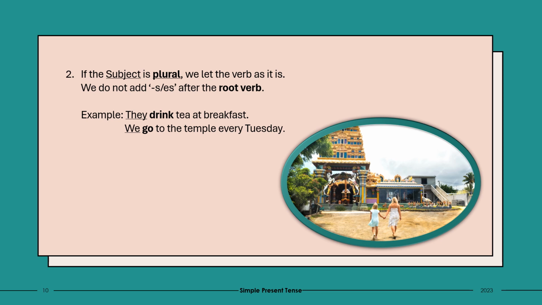So please do this. You will have additional examples and you will be able to identify where the subject was singular and how we have added s or es at the end of the verb. And if the subject was plural, then we have left the verb as it is. So here we end our simple present tense.